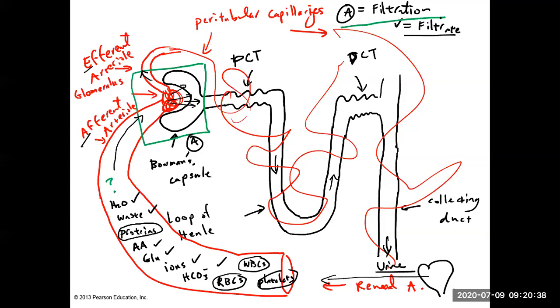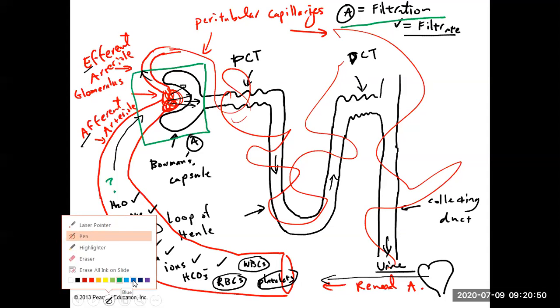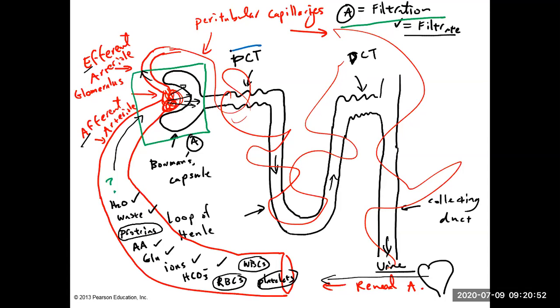The next part I would like to go over is the PCT, the proximal convoluted tubule. Now, we're going to put our concentration on what is happening right over here. The proximal convoluted tubule is not really a straight tube, it's really convoluted.